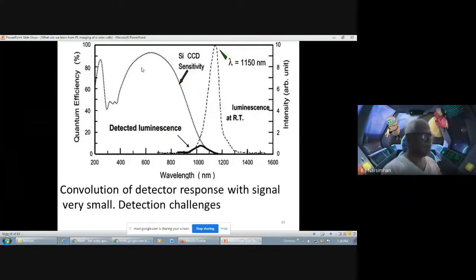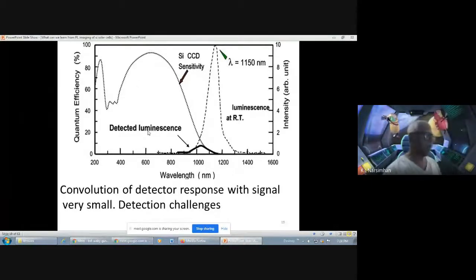Now here is the camera. This is the quantum efficiency of the camera, and quantum efficiency says that for every photon that impinges on the camera, what is the short circuit current? When the quantum efficiency is 1, I get 1 unit of current in the external circuit for every photon that comes onto the light.